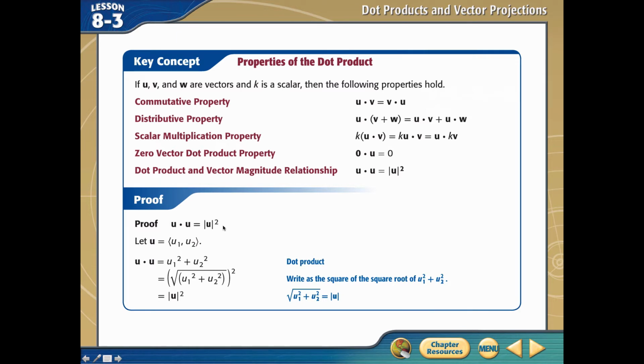The magnitude of u is the square root of u1 squared plus u2 squared. So if you square the square root, you get the dot product. So the dot product is the magnitude squared, and you will see that that comes in very, very handy.